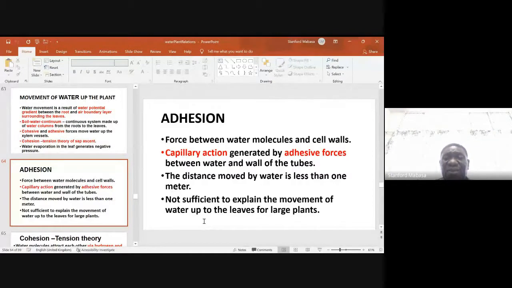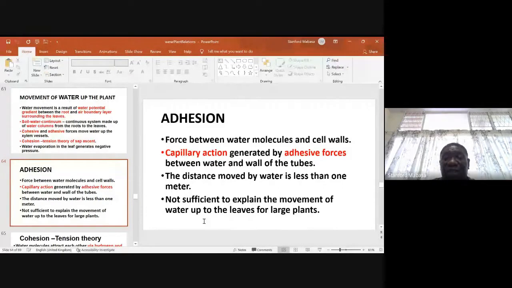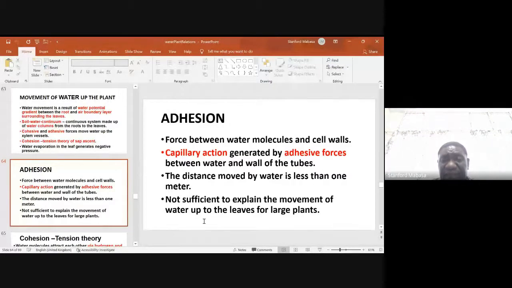And this can actually generate capillary action or movement of water upwards through thin tubes called the xylem vessels. So capillary action is generated by adhesive forces between water and the wall of the tubes.